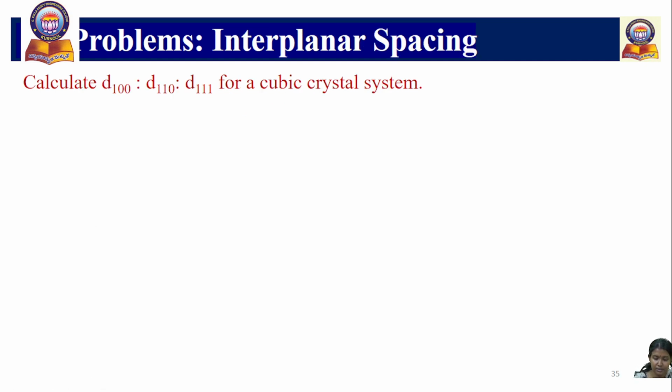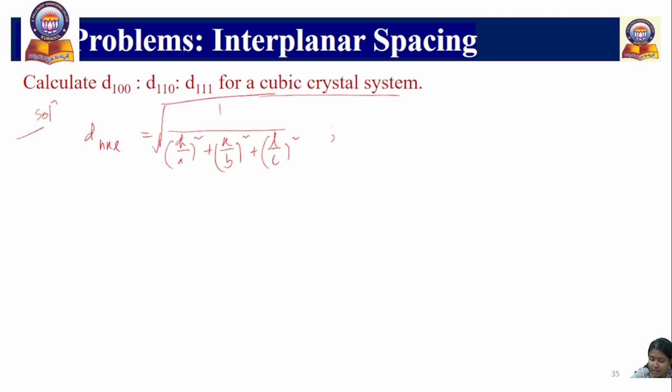Next problem is about this one. Here it is a cubic crystal system. What was the general formula for d_hkl? Let us revise. For a problem like this, you have to write the solution, then write the given, then the formula. So what is the formula? d_hkl equals square root of 1 by (h by a) whole square plus (k by b) whole square plus (l by c) whole square.